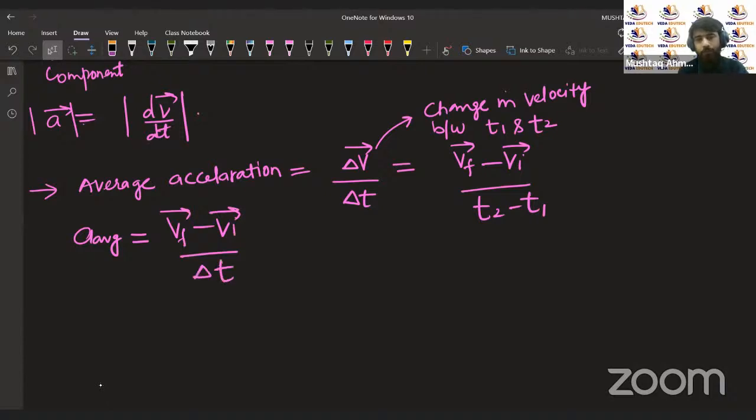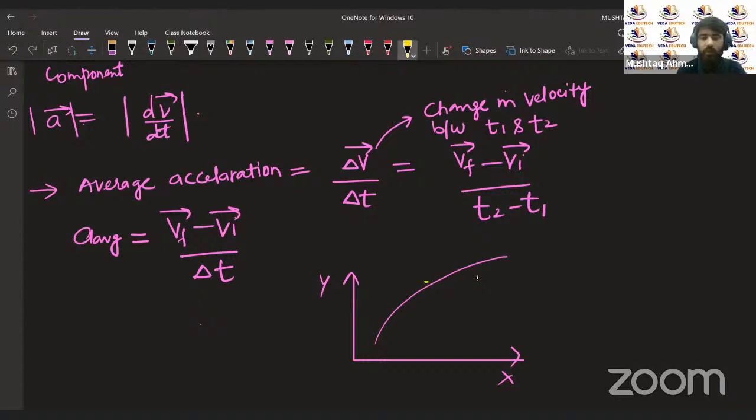Let's suppose this is our Cartesian coordinate system, and this is how the particle is moving along a curved path.